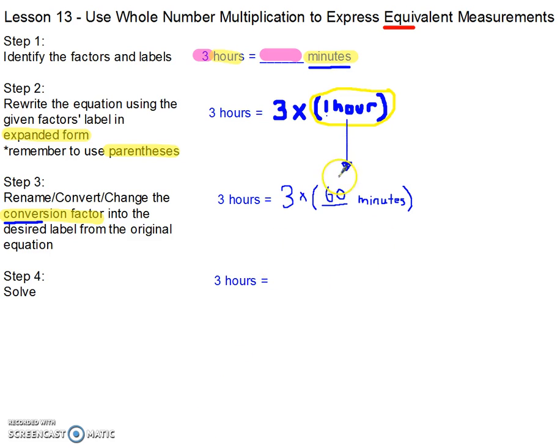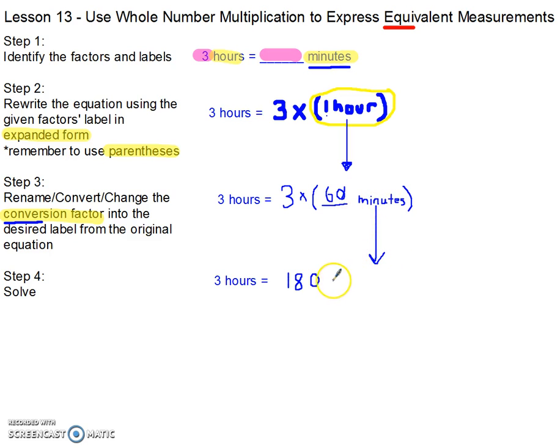Now finally, step 4 is you want to solve. So I'm going to multiply 3 times 60. Since there's a 0 in 60, I'm going to put that at the end of my number. And then I just need to multiply 3 times 6, which is 18. So I have 180. And at this point, I need to remember that I'm also working in minutes.